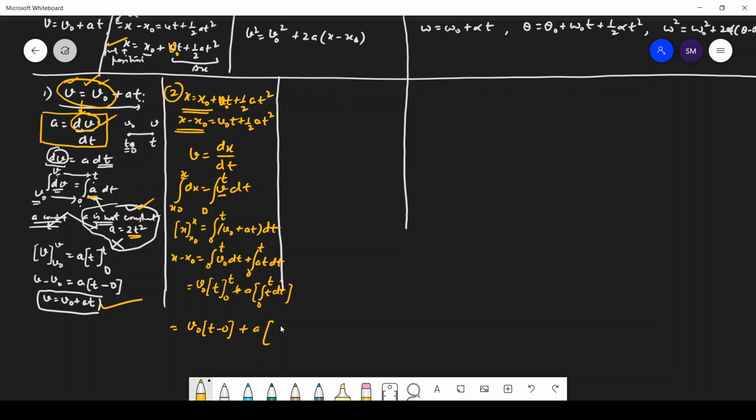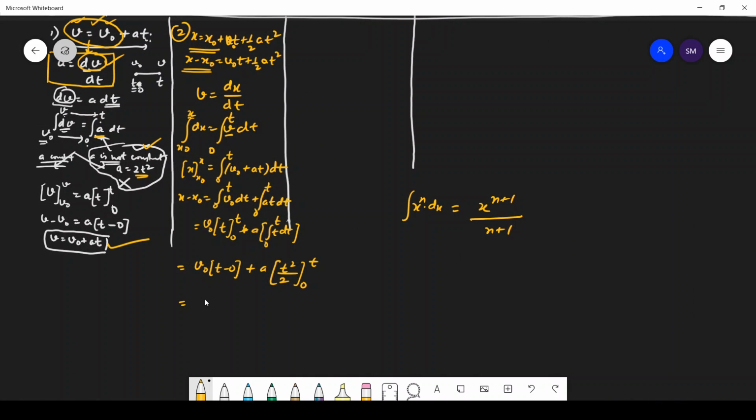What is the integration of x^n dx? Suppose here I have x^n, then it is x^(n+1) divided by n+1. So here the power is 1, so n+1, 1 plus 1 is 2, divided by 2, 0 to t.